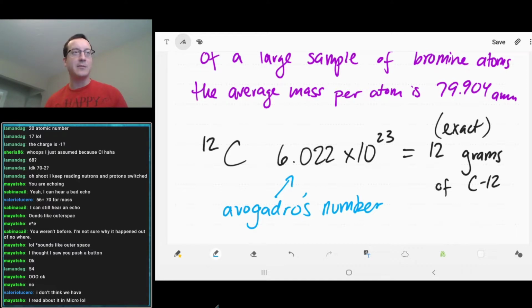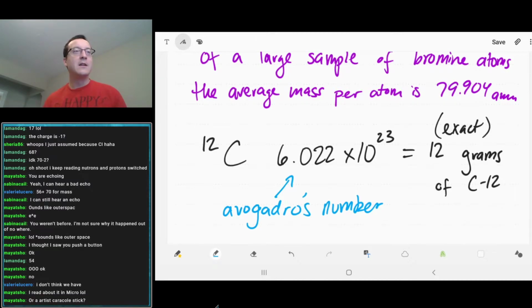That's absolutely ridiculous. The amount of time you would have to spend to count all those, forget it. Artist charcoal, I don't quite know how big those are, but 12 grams is not a lot. A shot glass full of water would be about 45 grams.